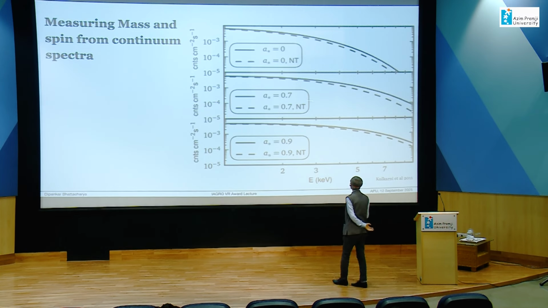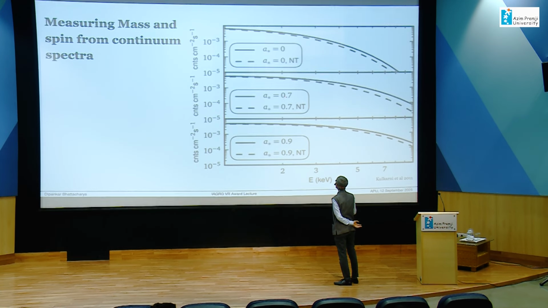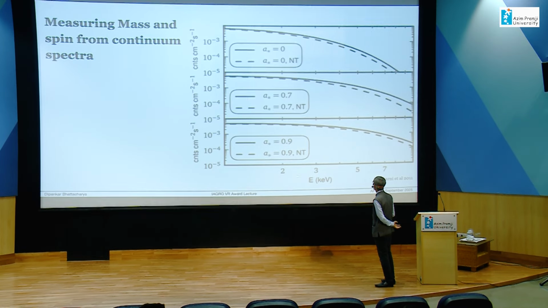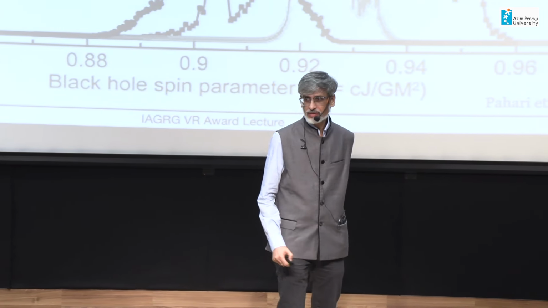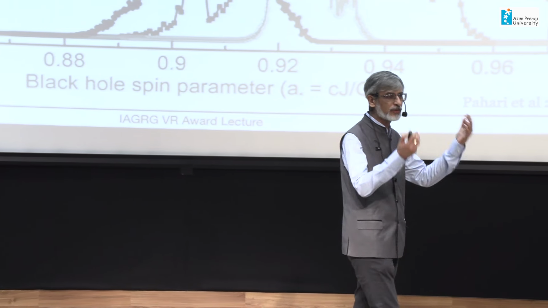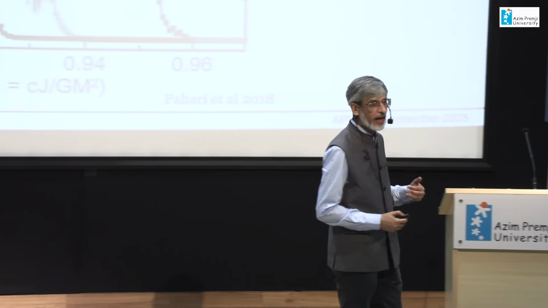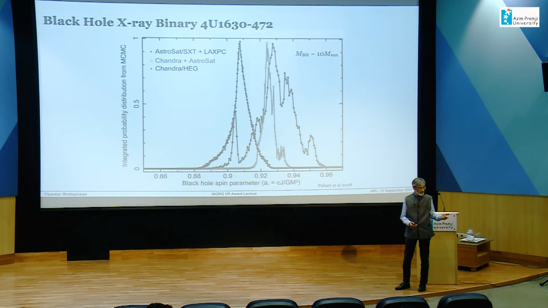These are continuum spectra built from simulations for different parameters. So let us say different angular momenta for a black hole of the same mass, and you can see that the expected spectral shape and extent differs. So what about actual observation? You can now take an actual observation, find the spectrum, and then use this method to find the mass and the spin.